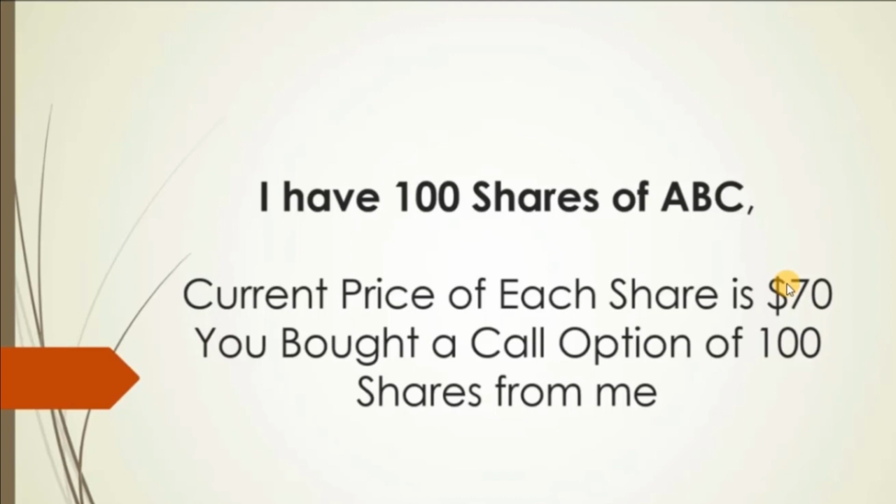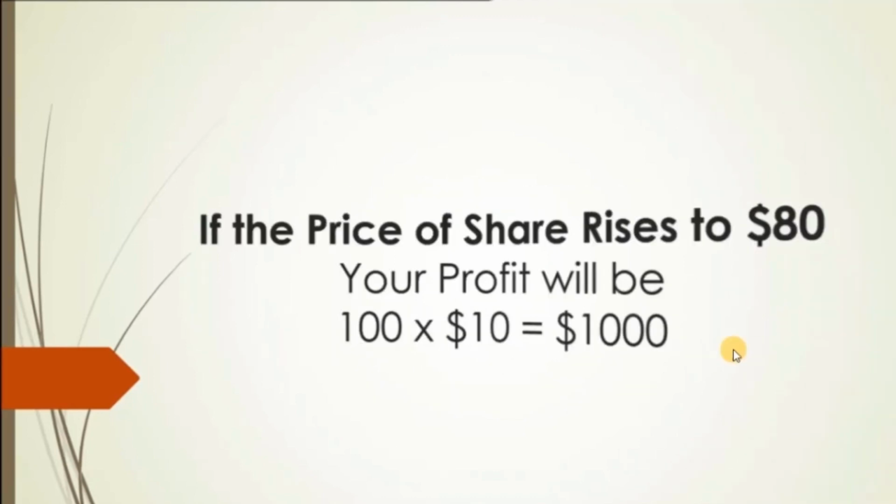Now, if stock rises to $80, your profit will be $1,000 because stock rises to 80 from 70 and the lot size is 100. But your net profit in this case will be $800 because you have paid $200 at the time of execution of the trade in the form of premium. So by deducting $200 from this amount, your net profit will be $800.